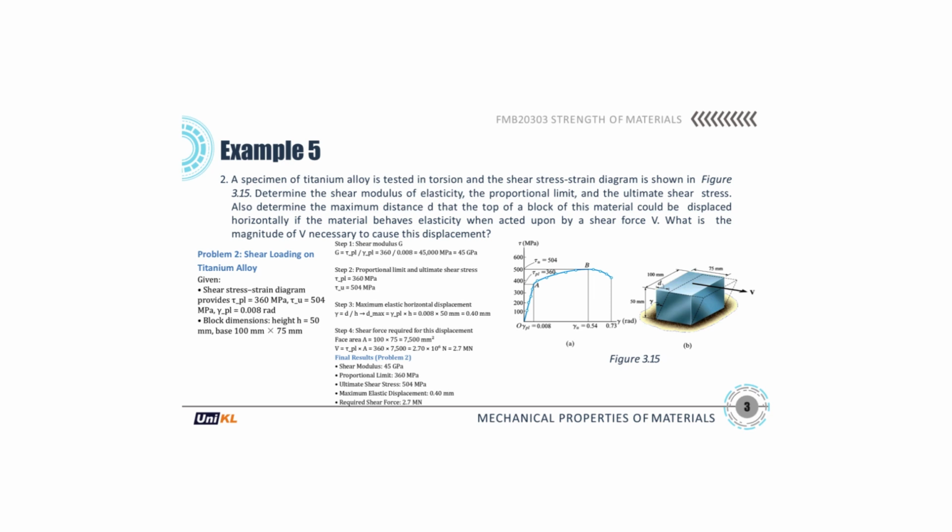Results: G equals τ_pl/γ_pl equals 45 gigapascals. d_max equals γ_pl times H equals 0.40 millimeters. Required shear force at τ_pl: V equals τ_pl times A equals 2.7 meganewtons.